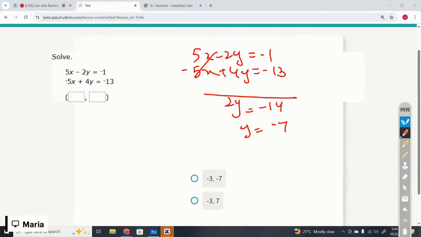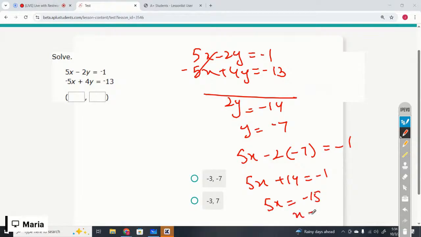Now substitute y equals negative 7 in any of the equations and calculate the value of x. Basically, if you look at the equations, you can eliminate the variable x, so that's why I'm using the elimination method. Depending on the question, whatever method is easy, you can use. 5 times x minus 2 times negative 7 equals negative 1. 5x plus 14 equals negative 1. 5x equals negative 15. x equals negative 3.